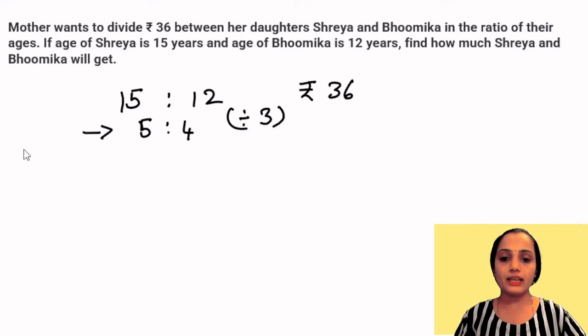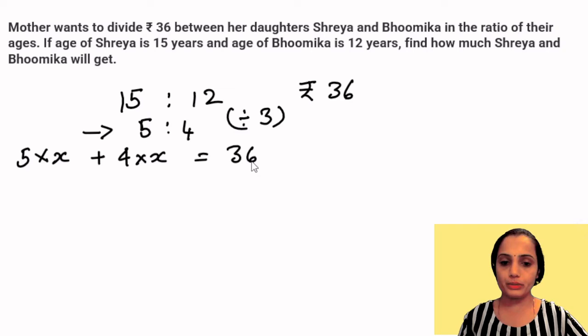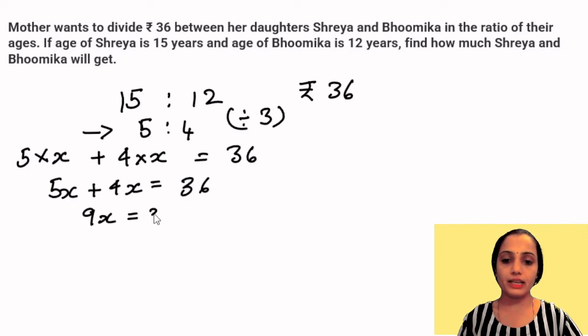So we take an unknown number x: 5 into x plus 4 into x. The addition of these two should give us 36 rupees. This is the first method. So 5x plus 4x should give us 36. Therefore, we have 9x giving us 36 rupees.